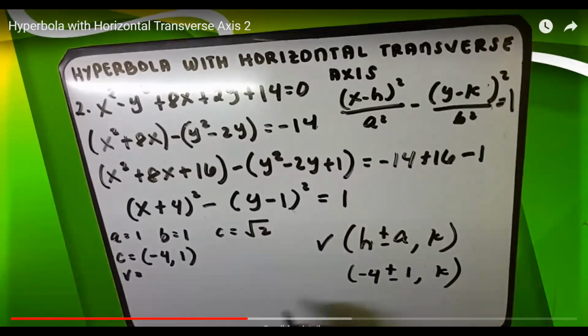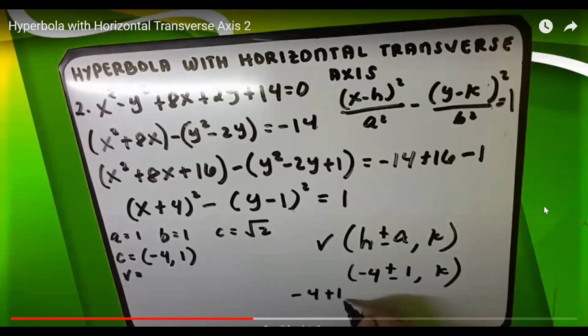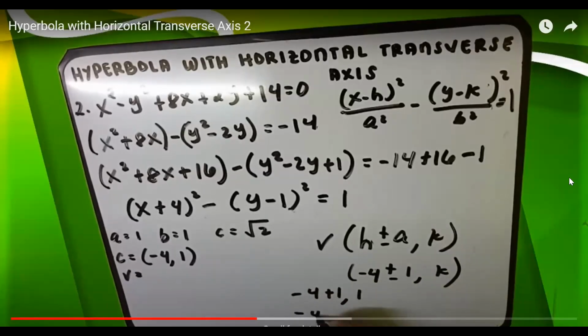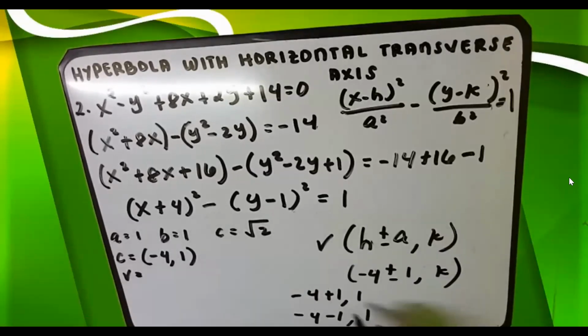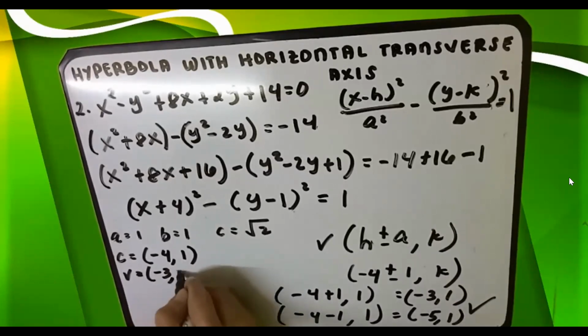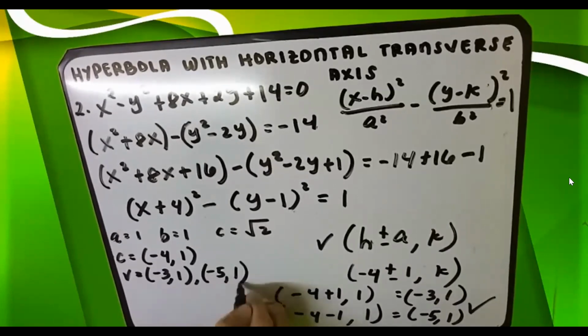So pag pinaghiwalay natin to, that is negative 4 plus 1. Ano yung k natin? 1. And yung isa naman ay negative 4 minus 1. Ang k natin is 1. So that is negative 4 plus 1, negative 3, 1. Ito, negative 4 minus 1, negative 5, 1. So ito ngayon yung vertices. Negative 3 and 1. And then the other one is negative 5 and 1.